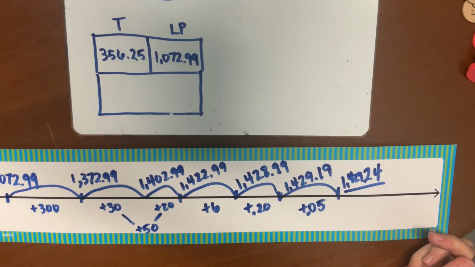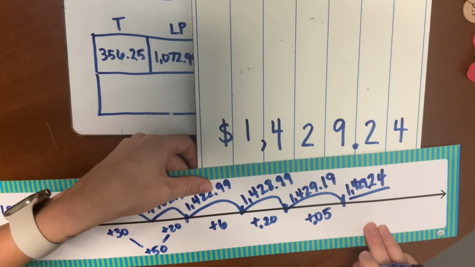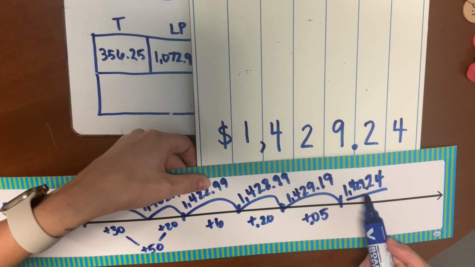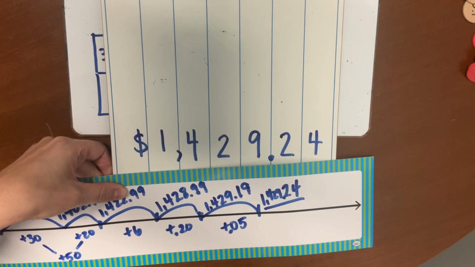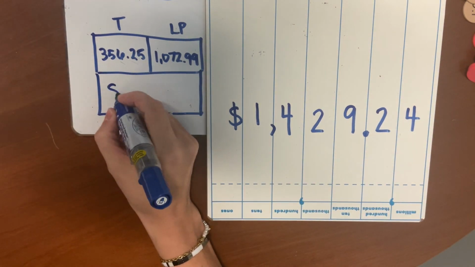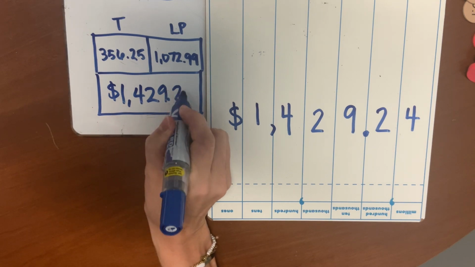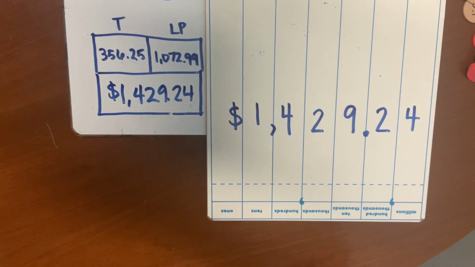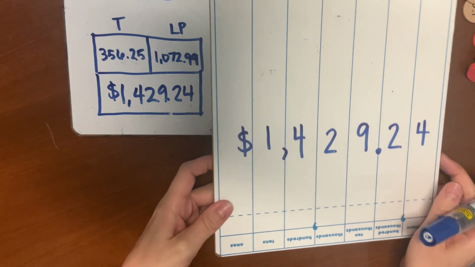Let's see if that's what I got when I started. Does it match? It does. I think I'm accurate. So I got $1,429.24.